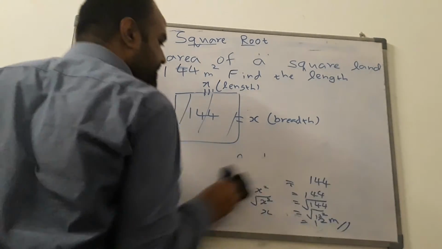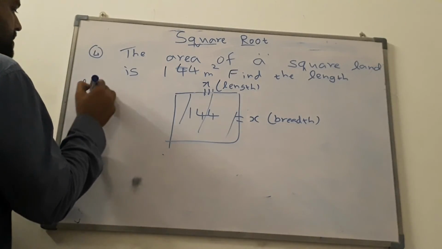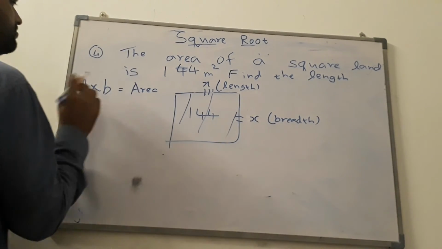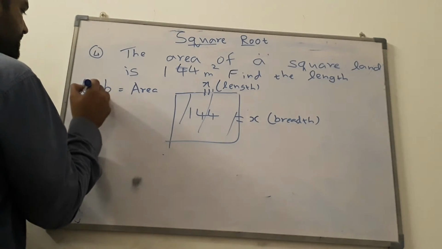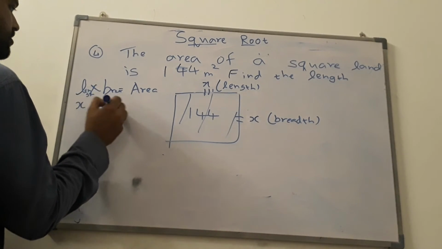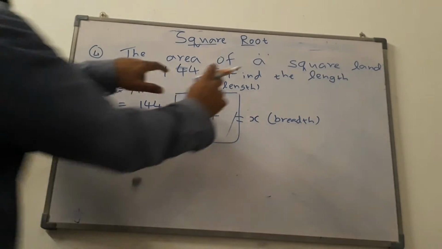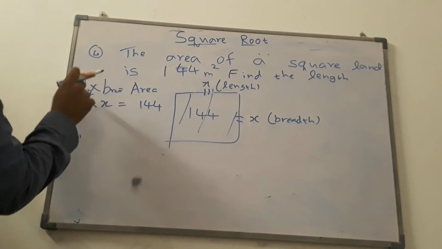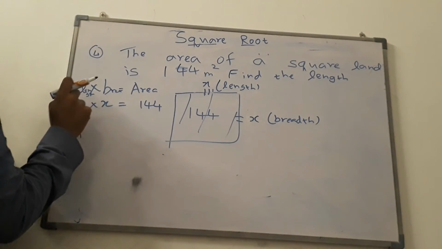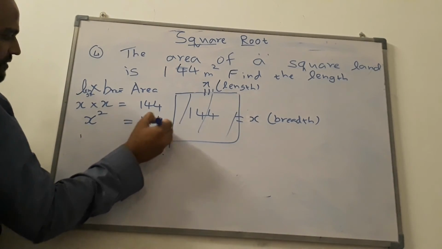Again, when you are given a sum like this, we know length times breadth is equal to area. Length is x, breadth is also x. Area is 144. So x times x, which is x square, is equal to 144.